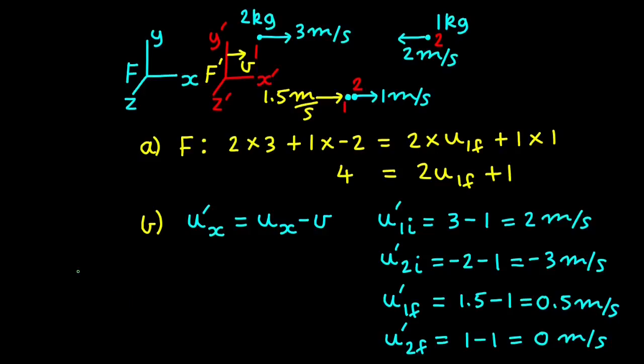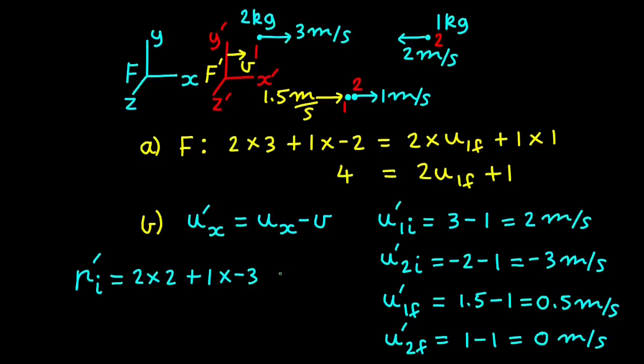So the initial momentum of the system before the collision, according to the primed observer, is equal to the mass of particle 1. So recall that the mass is absolute, and we multiply this by 2 meters per second, plus the mass of the second particle, which is 1 kilo, by minus 3 meters per second.